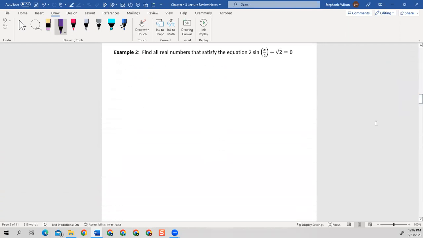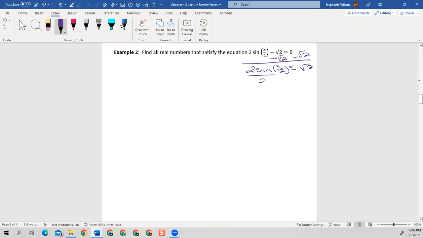Find all real numbers that satisfy the equation 2 sine of x halves plus square root of 2 equals 0. So we got some work to do here before we can get any further with this. So what I want to do is subtract the square root of 2 from both sides. That gives me 2 sine of x halves is equal to negative square root of 2.